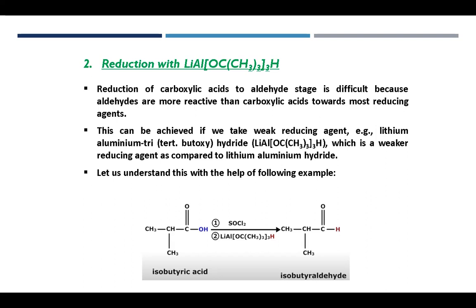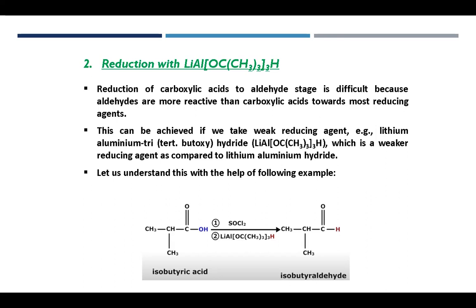Almost all reagents which convert acids to aldehydes will also reduce aldehydes to primary alcohols. This can be avoided if we take a weak reducing agent, for example, lithium aluminium tertiary butoxy hydride, which is a weaker reducing agent as compared to lithium aluminium hydride.